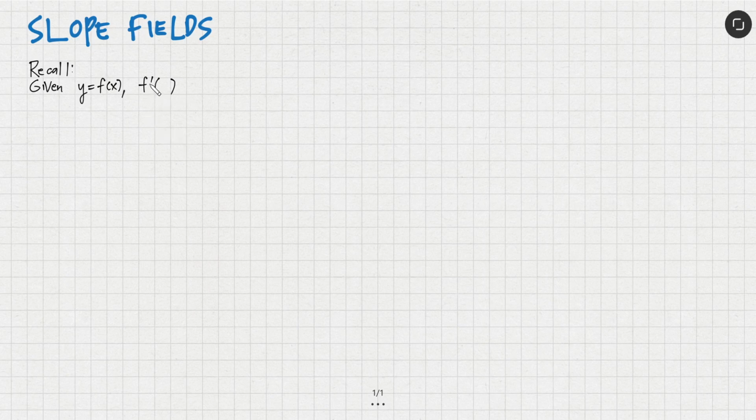In other words, kapag in-evaluate natin yung first derivative at some value of x, say x naught, itong f prime of x naught will now give the slope. So f prime of x naught equals the slope of the tangent line at x equals x naught.